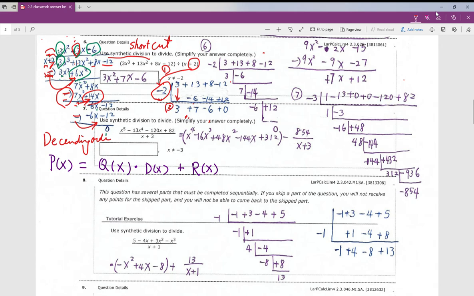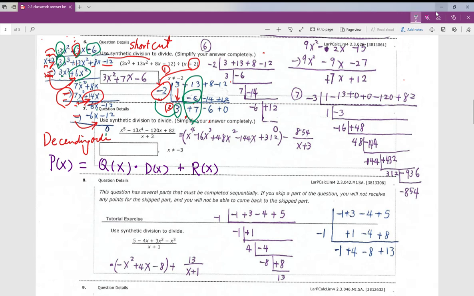After you drop that, then you multiply negative 2 times 3, and then you have -6. And then you add these two together, you have 7.